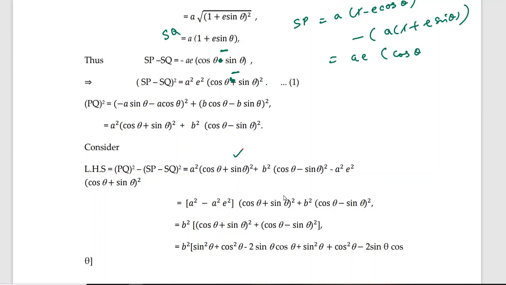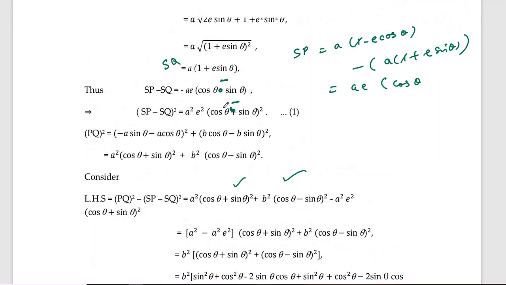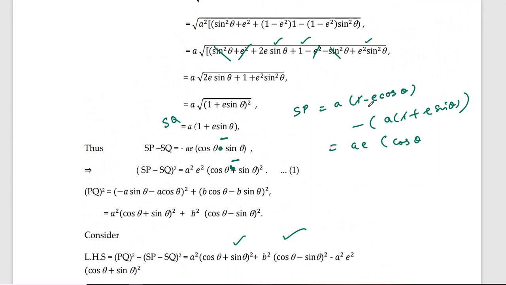So PQ we have written, and here we have SP minus SQ the whole square as a square e square cos theta plus sin theta the whole square. SP is this and SQ is this.